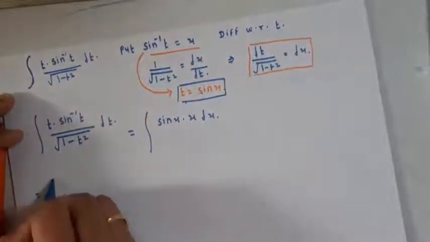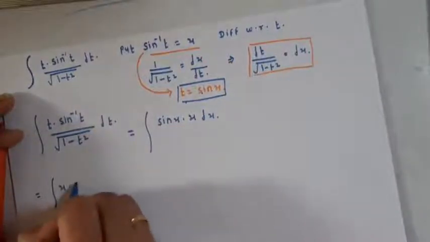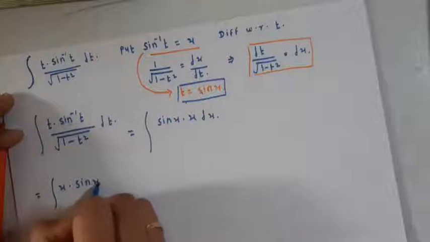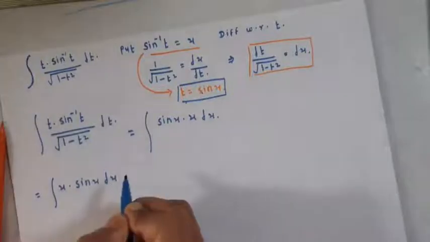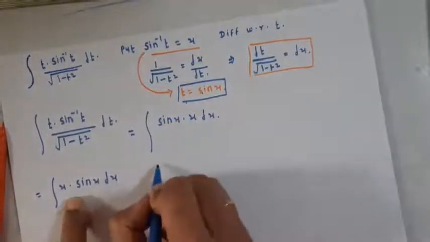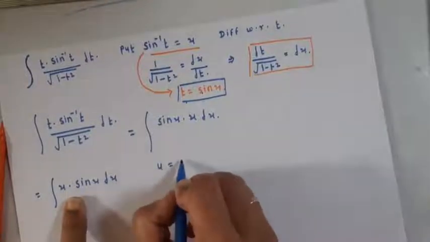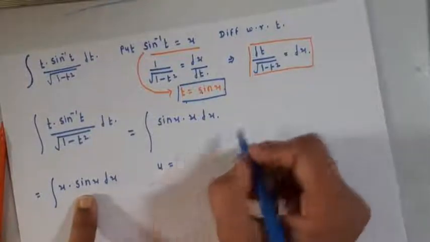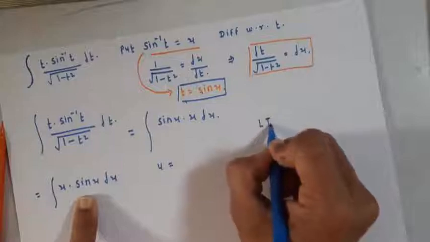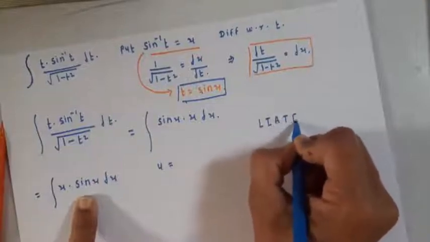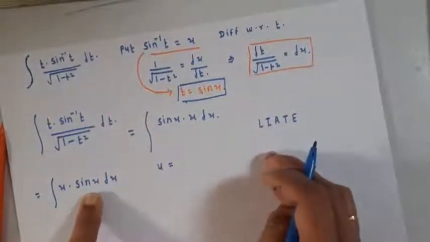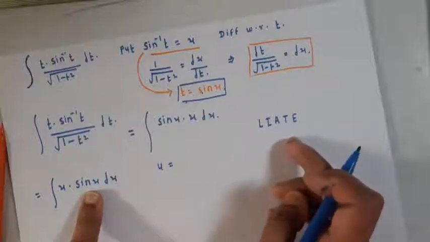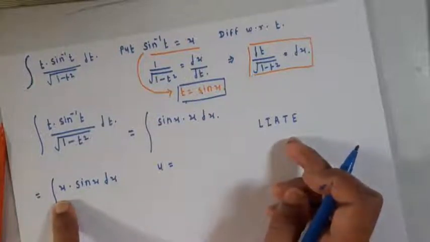And now the problem is very simple. We can solve it by the by parts theorem, that is, integration of x into sine of x with respect to x. Here, you know the LIATE rule: sin x is the trigonometric function, x is the algebraic function.